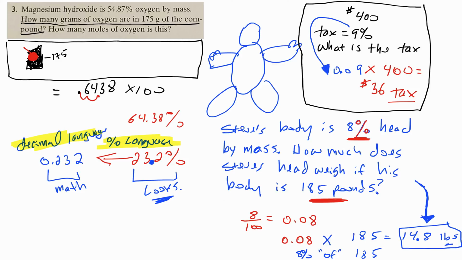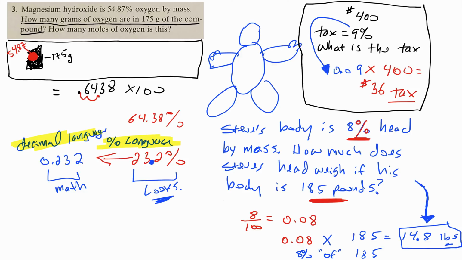So the red part is what percent of the whole thing. 54.87. So that's 54.87% oxygen. So we need to figure out how much oxygen there is, just like we figured out how much the head weighed. We got to figure out how many grams of oxygen we have, but it's done the same exact way.